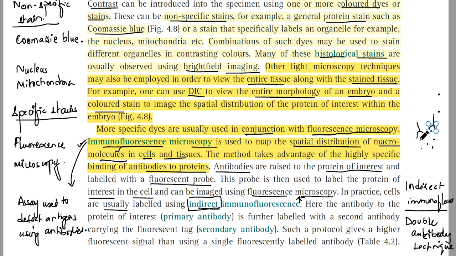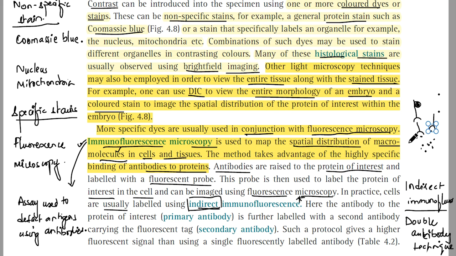Now, the unlabeled antibodies which have bound to the antigens are visualized by a fluorescent anti-globulin reagent directed at the unlabeled antibodies. So directed at the unlabeled antibodies are another antibodies which have been labeled with a fluorescent. So you can see here that these are antigens.